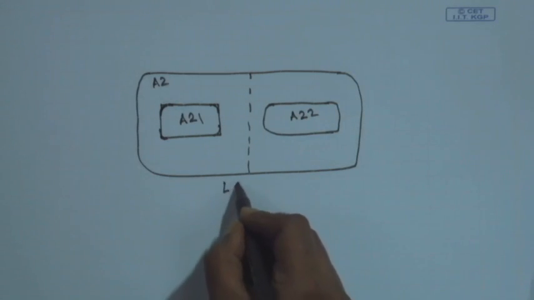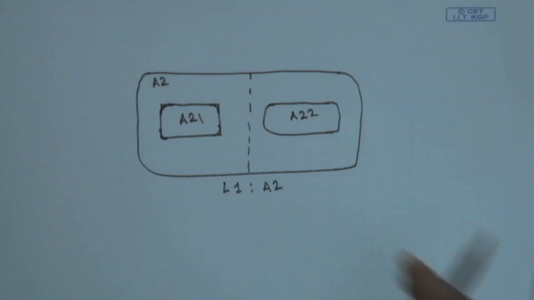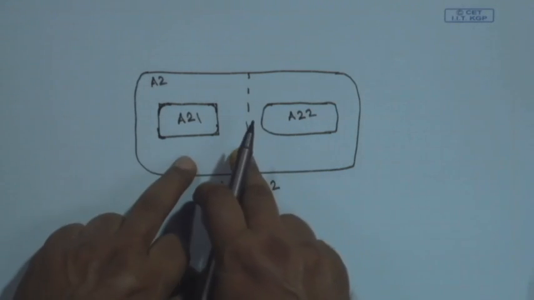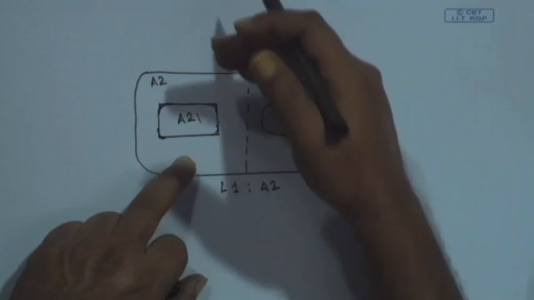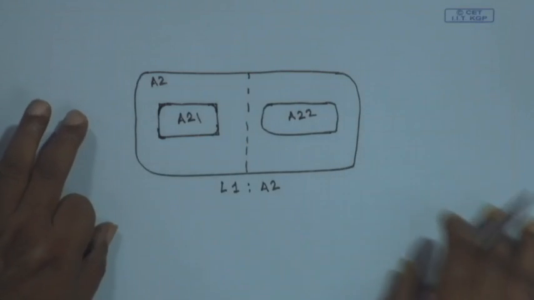This is level 1 of A2. This is a little different from what I was showing in the PowerPoint. So, why I brought this in is that I can further show concurrencies down the line.